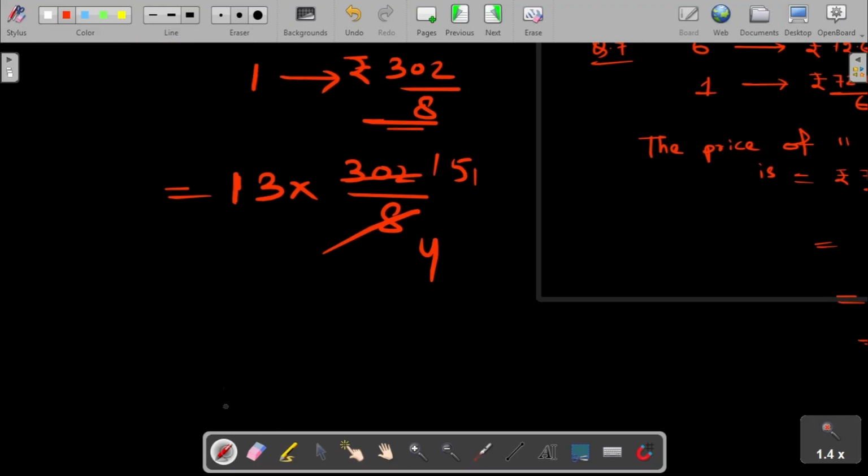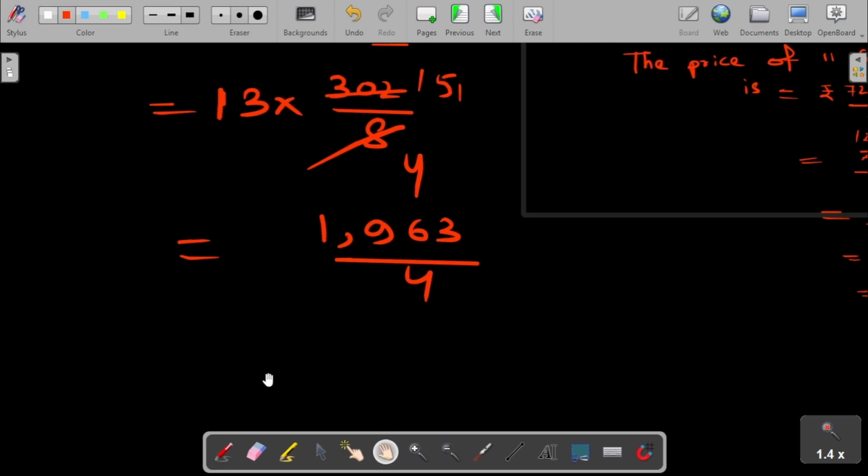So this equals 151 multiplied by 13. 151 multiplied by 13 is 1963, and divided by 4. If we divide, this equals 490.75.